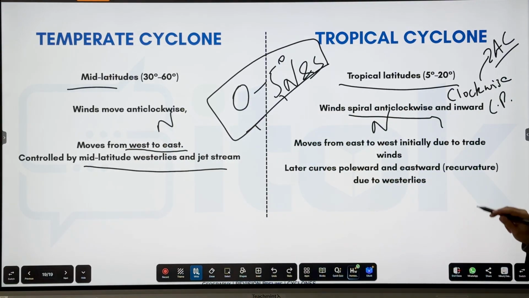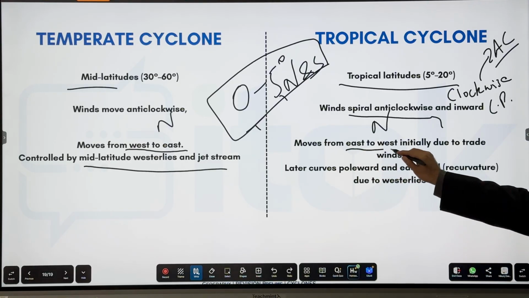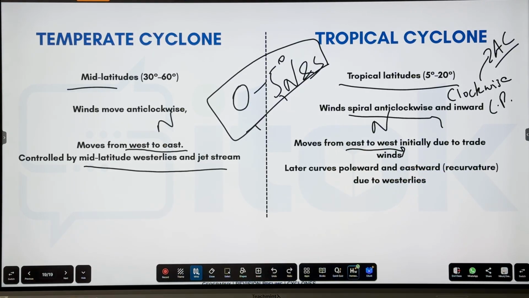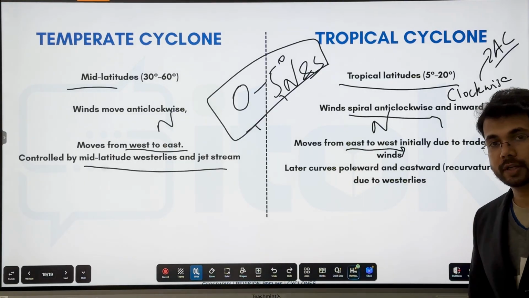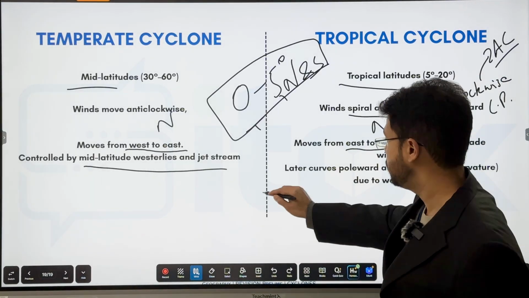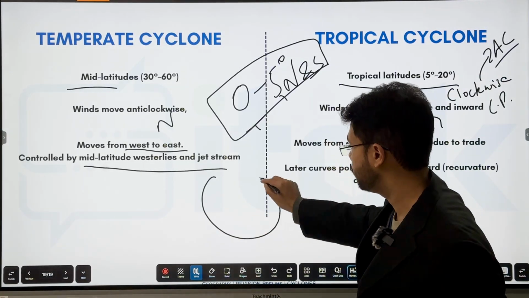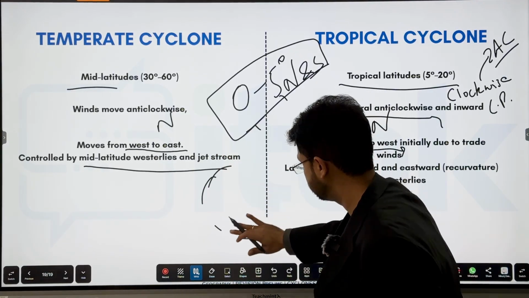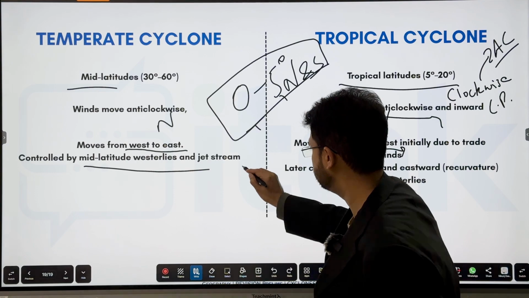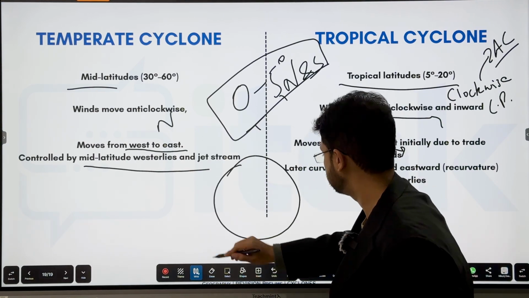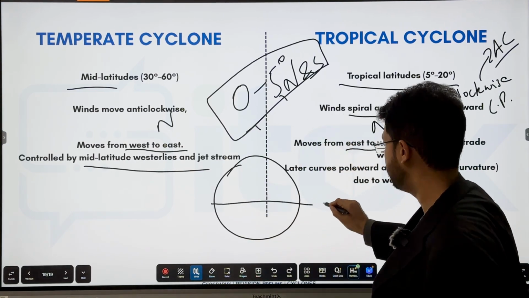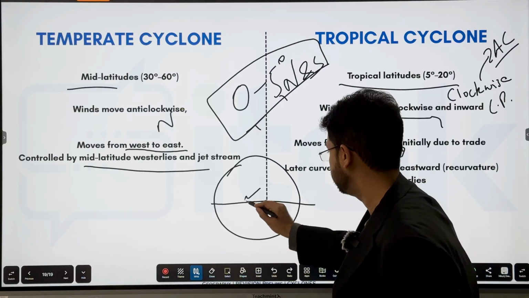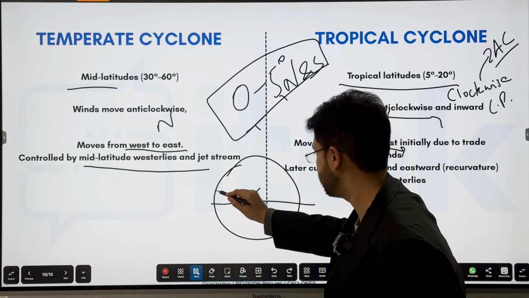While tropical cyclone moves east to west. Why? Because of trade winds. Initially, because of trade winds. Okay, this is the equator, and first direction is like this.